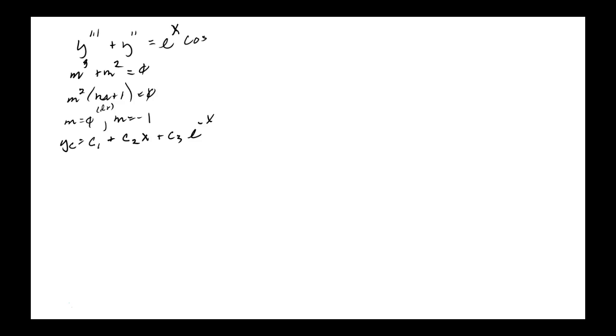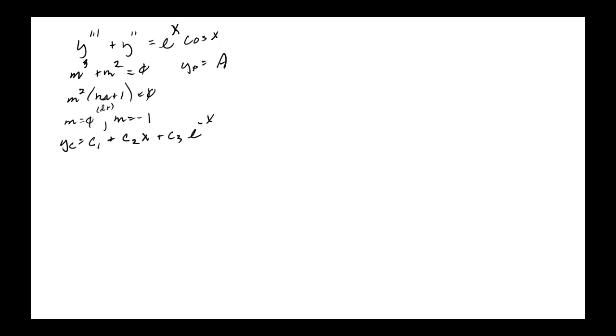Okay. Particular solution, y sub p. We came up with what we thought it was. Do you remember what it was? Oh, I left off part of the problem, didn't I? Cosine x, I didn't write my x in there. Okay.